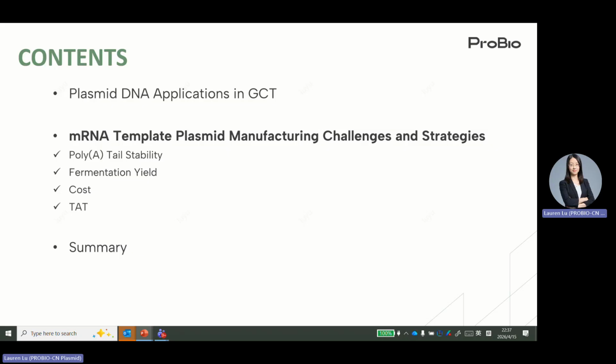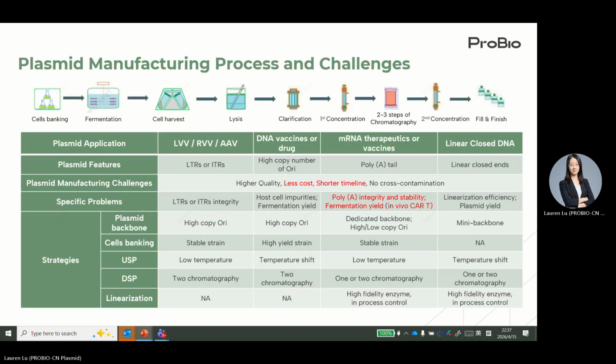In the next part, I'm going to talk about mRNA template plasmid manufacturing challenges and strategy. This slide, I think, is the whole picture of plasmid manufacturing challenges in different applications. We list some key challenges here, and strategies as well. We can see there are different features of plasmids.